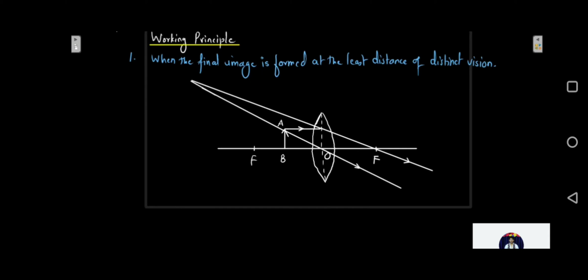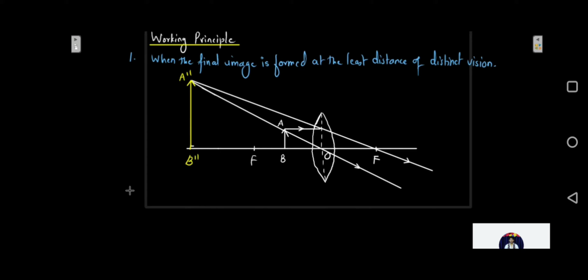Here you are going to get an erect, virtual and magnified image that is on the same side as that of the object. Let us say that this is B double dash A double dash over here. So this is how you are going to get your image.